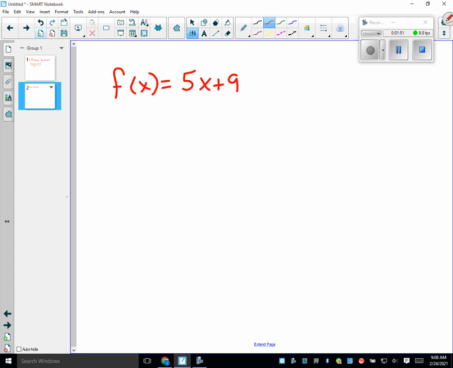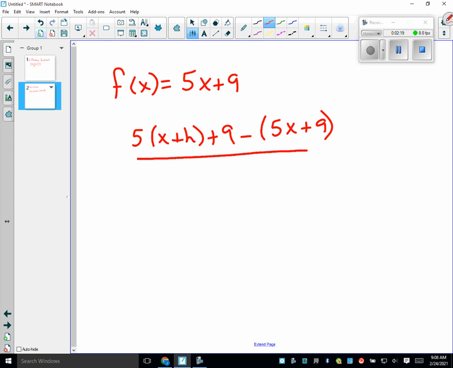So doesn't that give me 5 times x plus h plus 9? Do you agree? And then it says minus f of x. Isn't f of x 5x plus 9? Now, it's minus the whole thing, so I put it in parentheses. All of this is over h.